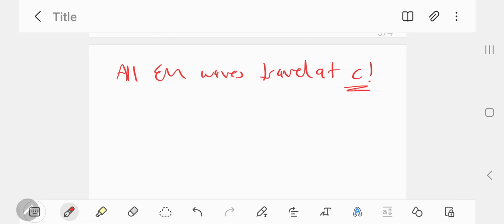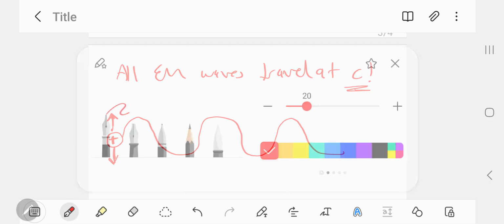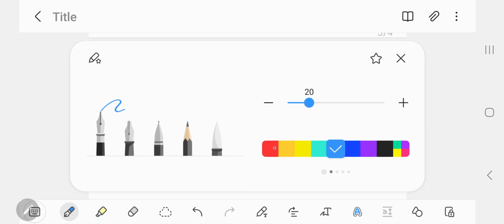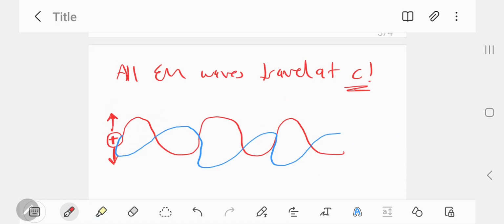And so how do you get electromagnetic waves? Well, you can have a charge and shake it about, oscillate it about a particular axis. That oscillating charge will produce an electromagnetic wave. So suppose you have an electric field going up and down.